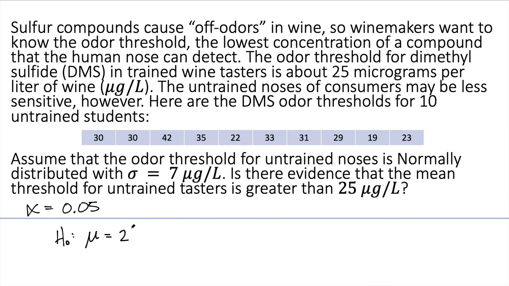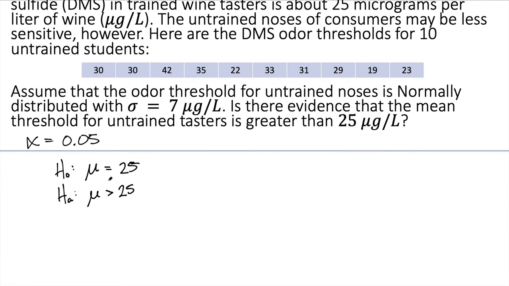So I want to know if that's equal to 25. That's going to be my assumption. And then we're looking for evidence specifically that the mean is greater than that. So that mu is greater than the 25 micrograms per liter. So there's my statement of my hypotheses.